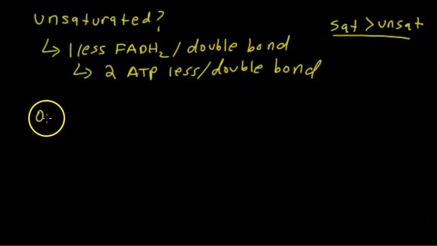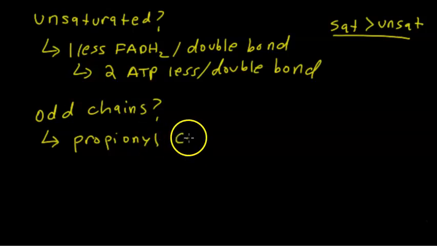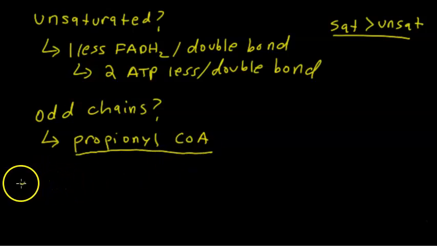Now, what happens if you have odd chains? That's the other question. Well, if you have odd chains, at the end, during the last round, you end up with propionyl-CoA instead of acetyl-CoA. So if you have an odd chain, at the last step, you're going to make propionyl-CoA. So let's say you have a 17 carbon molecule.